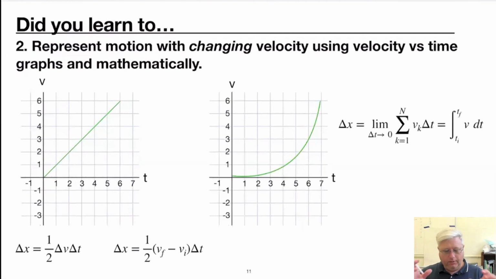And then we learned about changing velocity. When we change at a constant rate, nice and easy to work with, the area is just half base times height. That's also called constant acceleration. And then when we have changing acceleration, that's where the integral comes in. All right, so that's it for lesson 6.